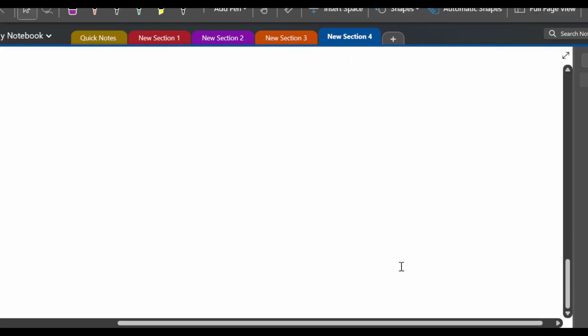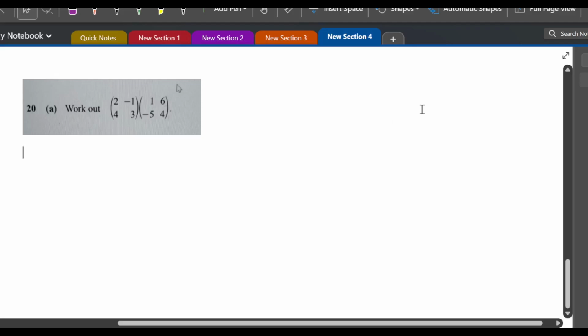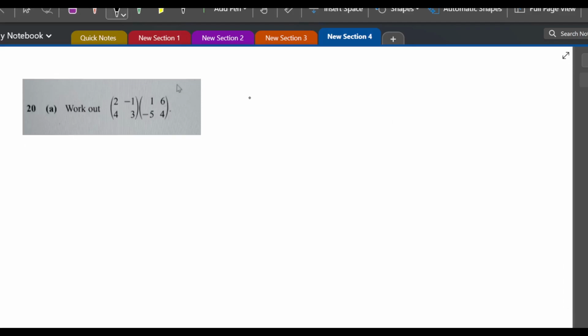Now you have a problem like this to work out. This is called a matrix. It might be omitted in the new syllabus, 2 minus 1, 4 3.